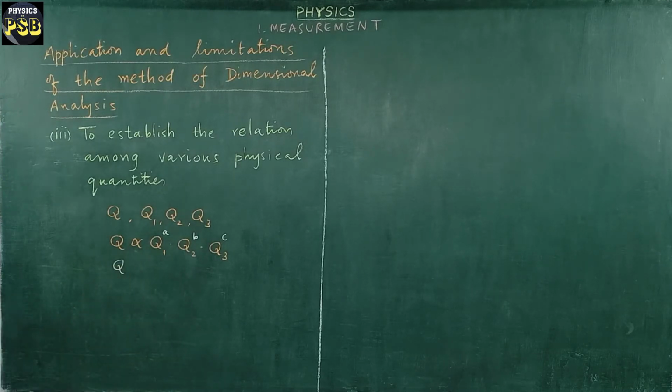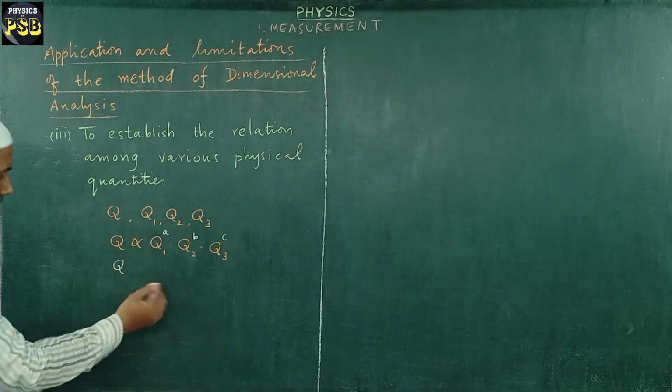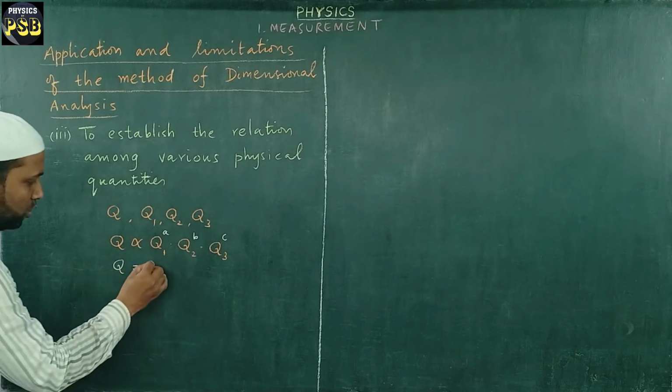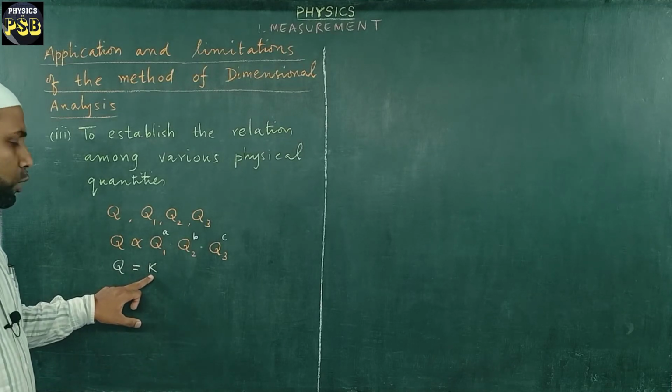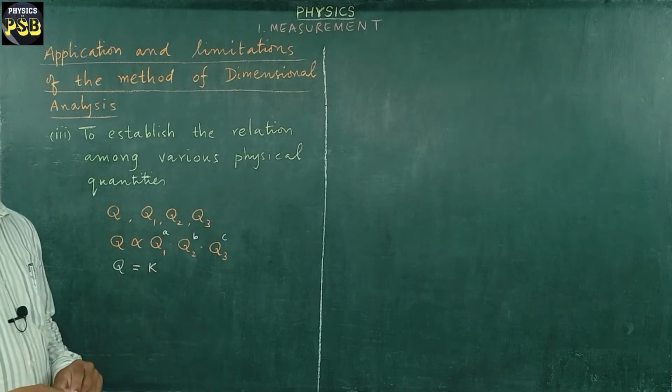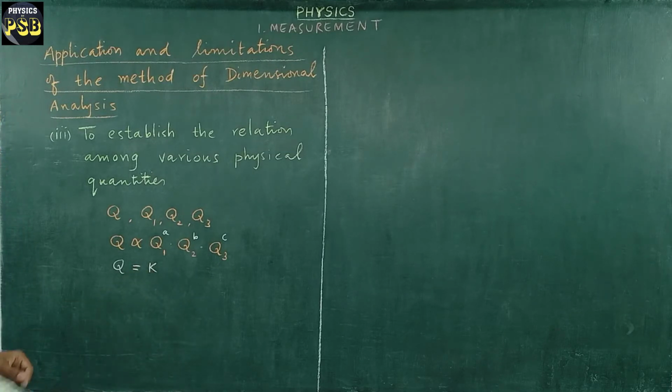Then the next step, I remove this proportionality. In such case, we include the equal to sign with a constant. Here K is a proportionality constant which does not have a dimension. It is a dimensionless quantity.